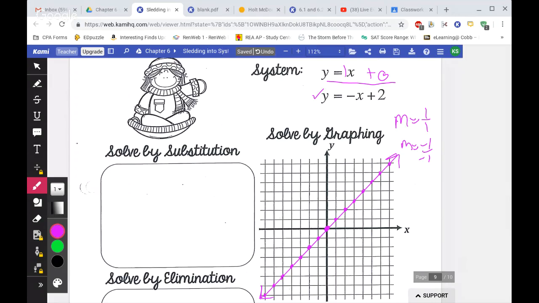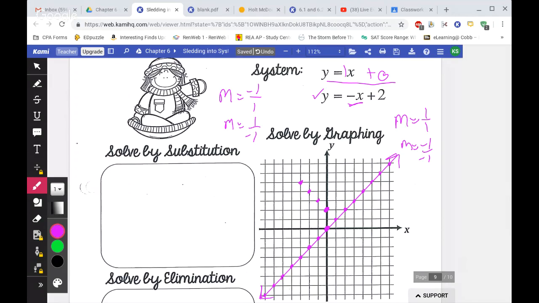So on this next one, you know that the y-intercept is a positive 2. So we'll go up 2 and plot that first. And now I see that my slope is a negative 1. So that means I'm going to travel in one negative direction and one positive direction. So if I go up 1, that's positive. I would go left 1, up 1, left 1, up 1, left 1.